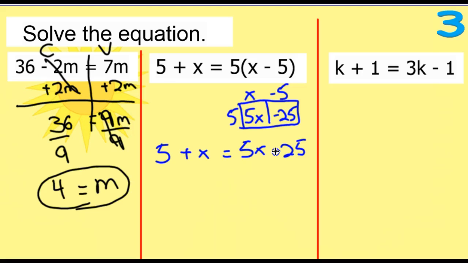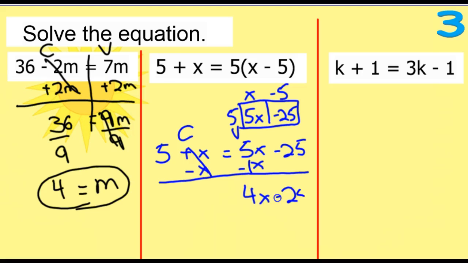So I'm going to move my x's over to where there's more. I'm going to subtract 1x from both sides. So this is my variable side, and this is my constant side this time. 5x minus 1x is going to give us 4x minus 25 equals 5.